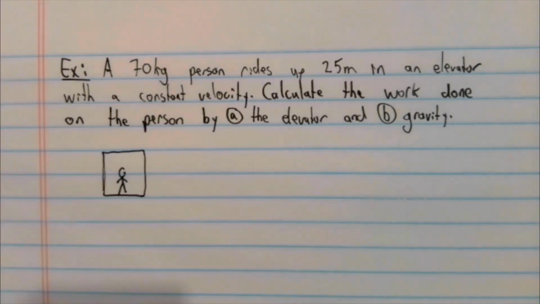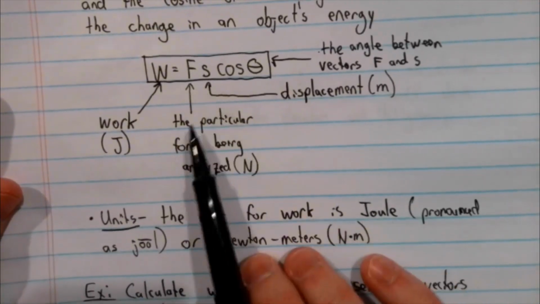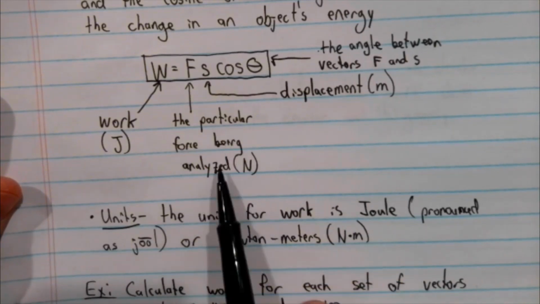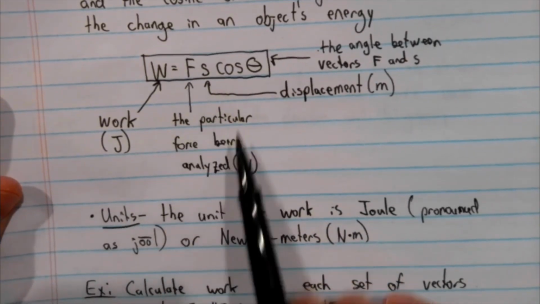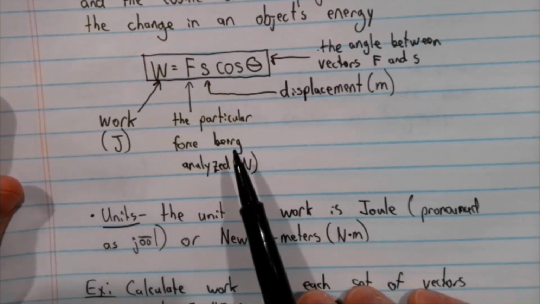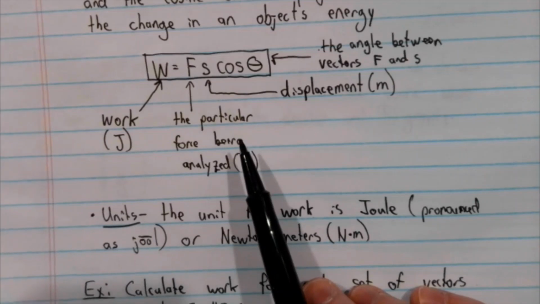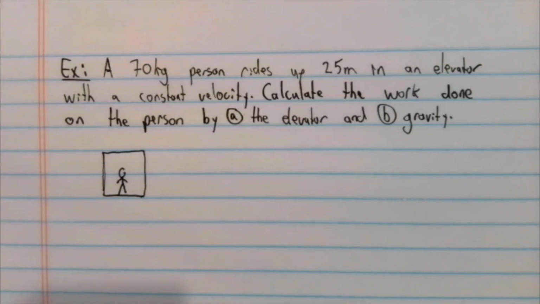The definition that F is the particular force being analyzed. F is not just force, it's a specific force that is doing work. I can calculate the work done by friction. I can calculate the work done by air resistance. I can calculate the work done by anything.